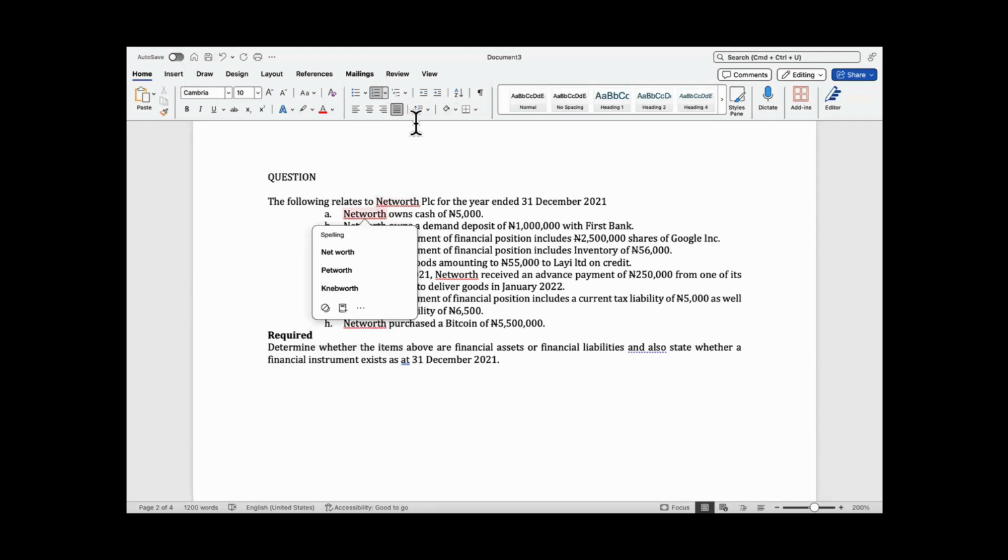You have received the money in December to deliver goods in January, so we have a contractual agreement. Okay, you have tried. I'm looking at it as a financial liability on Networth's part to deliver these goods to the customer, Muri Limited.